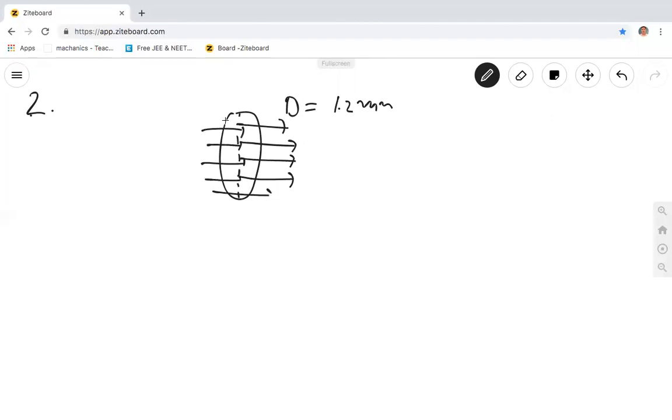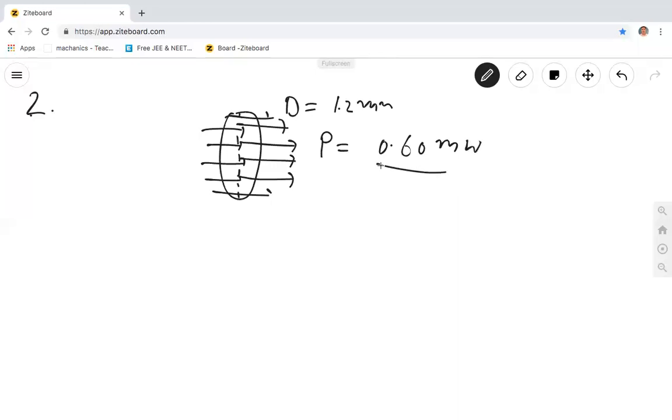The radiation beam passes through this circle, and its power is equal to 0.60 milliwatt. What is the question?